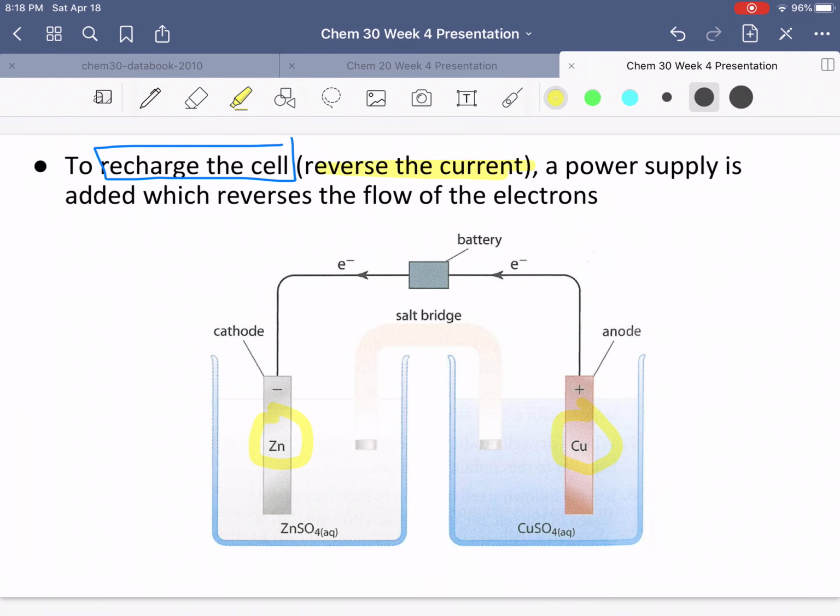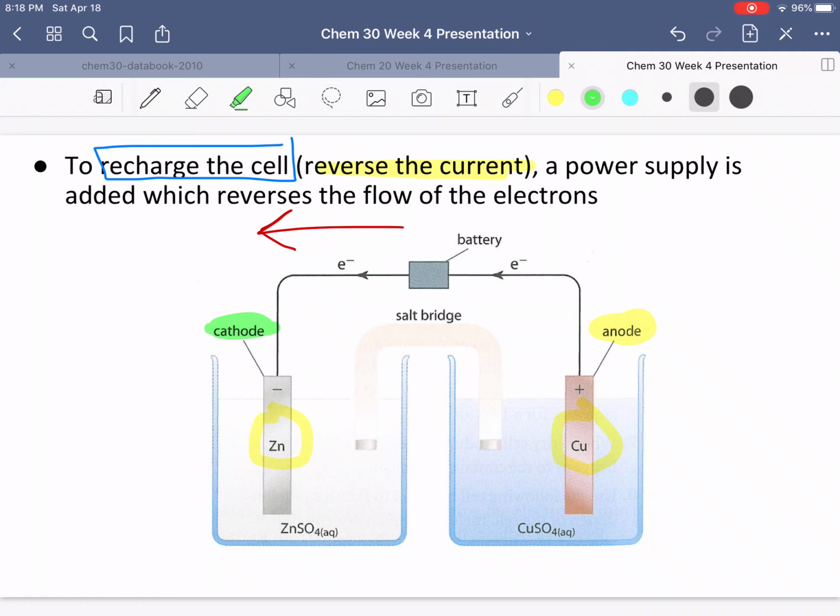If we force the current to go the other direction, to head this way instead, notice that we end up changing the copper to the anode and the zinc to the cathode. In other words, the anode is still the one that undergoes oxidation and loses electrons. That rule doesn't change in any way, shape, or form.